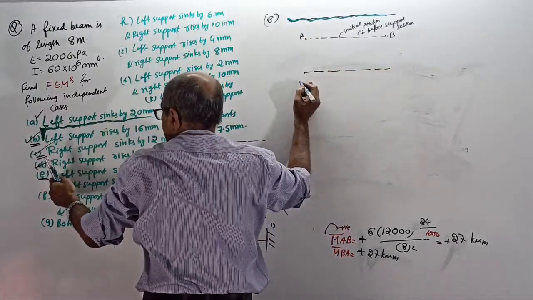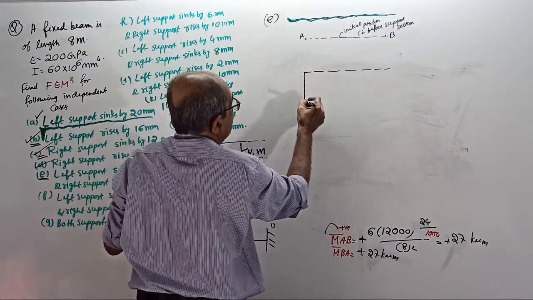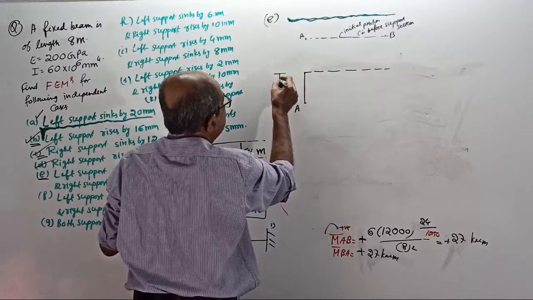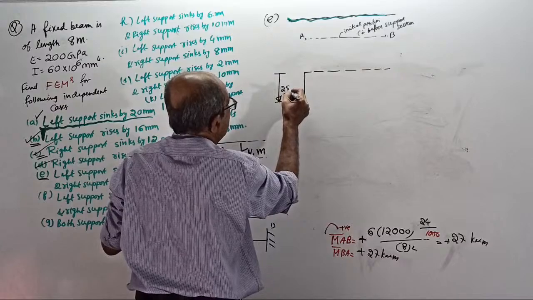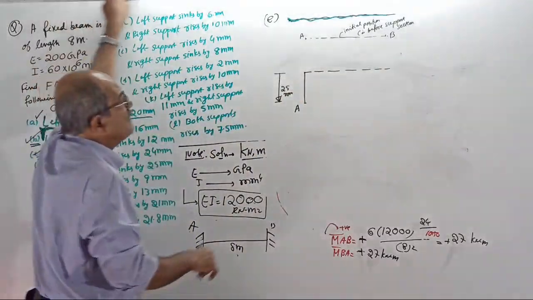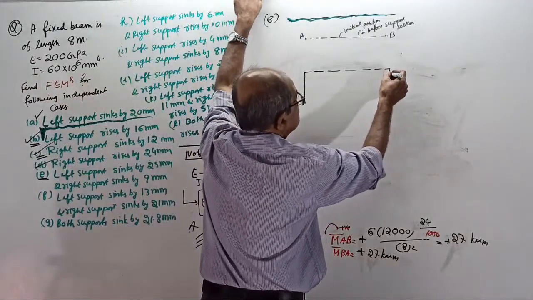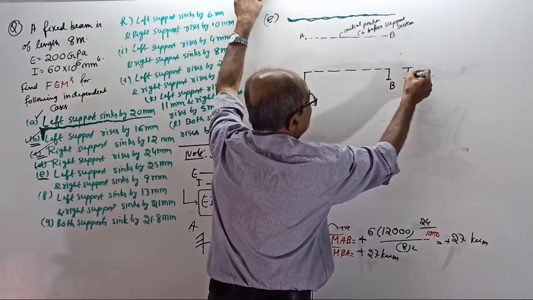What they told? Left support sinks by 25 mm. It will come here. So this sinking is 25 millimeter. Whereas, they told right support sinks by 9 mm. B comes here. This is sinking by 9 mm.